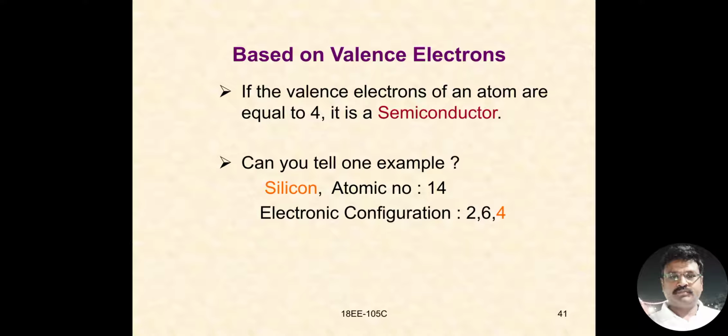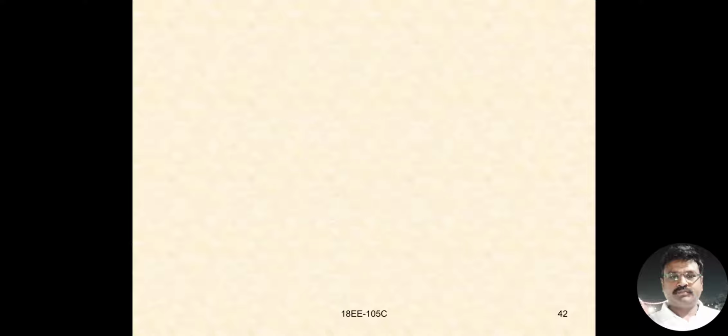The number of electrons in the outermost orbit is 4. Valence electrons are 4, that is equal to 4. So this material is classified as semiconductor based on valence electrons.